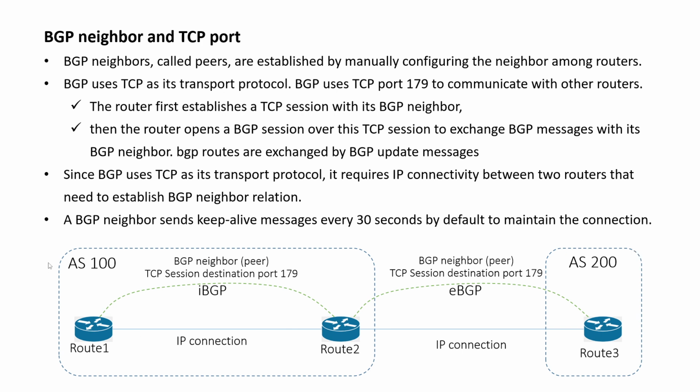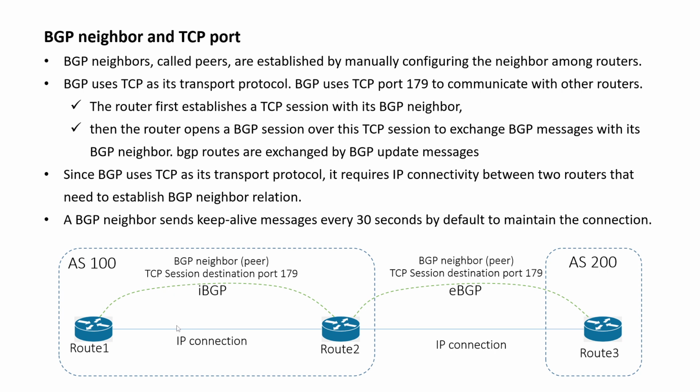At the bottom, I just use a diagram to illustrate. Take a look at this one. In AS100, there are two routers, router 1 and router 2. In order to establish a BGP session, they have to have IP connectivity. If there is no IP connectivity, there's no way to establish BGP.